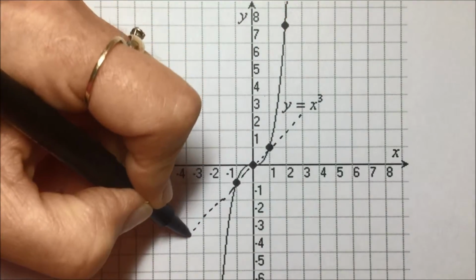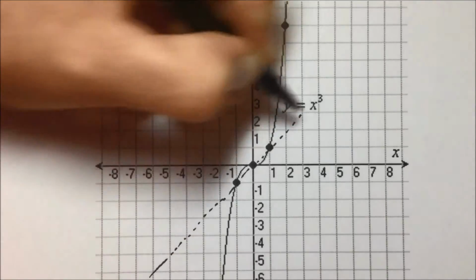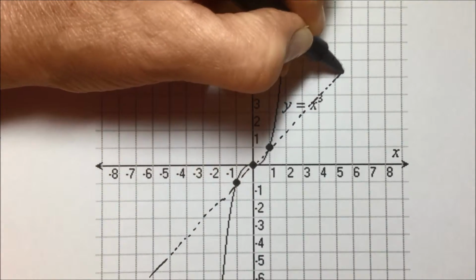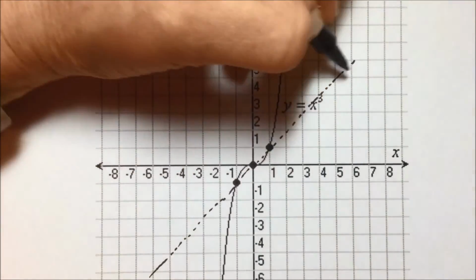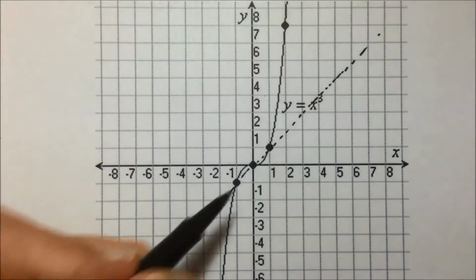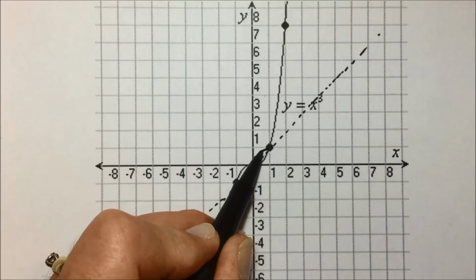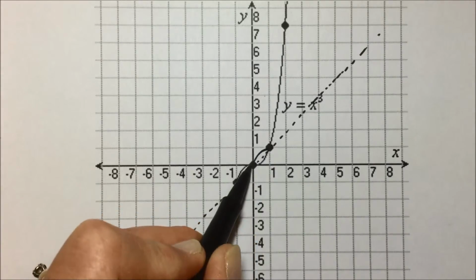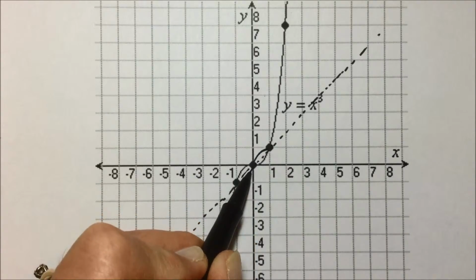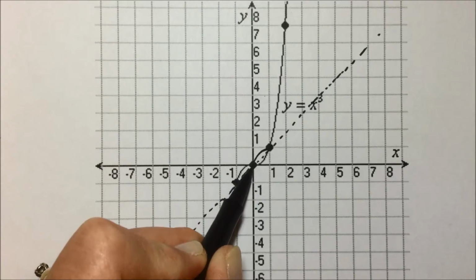But if I draw that y equals x line, which is acting as our reflection line, we can reflect the points about that line. And what is curving here below will actually be curving above. What's curving above will actually be curving below.